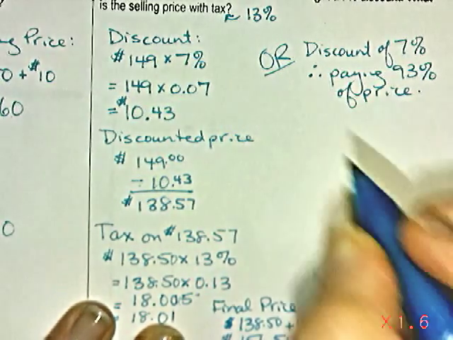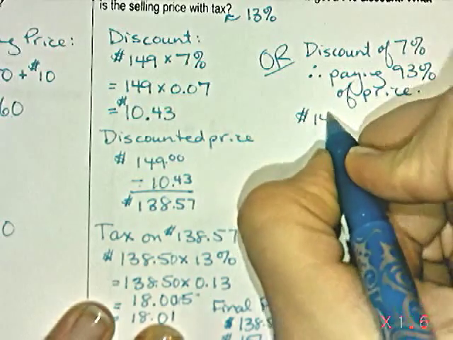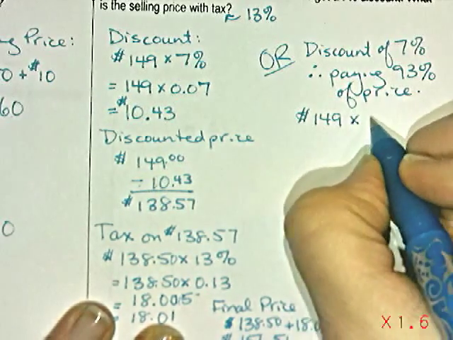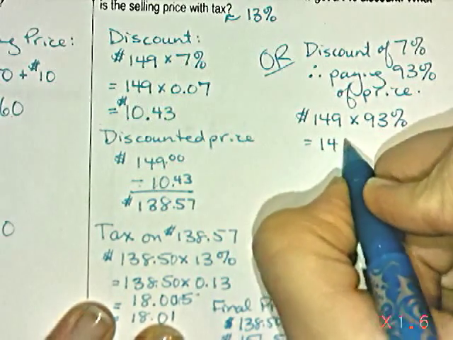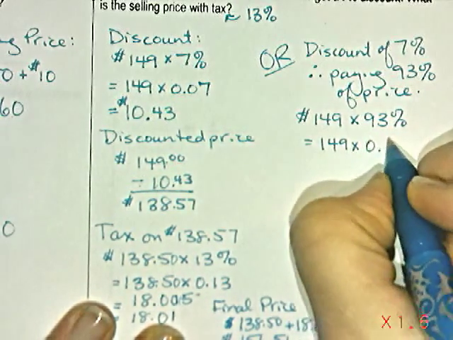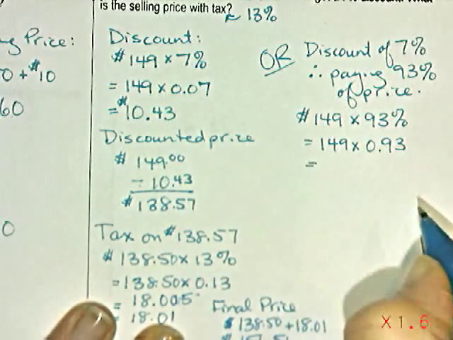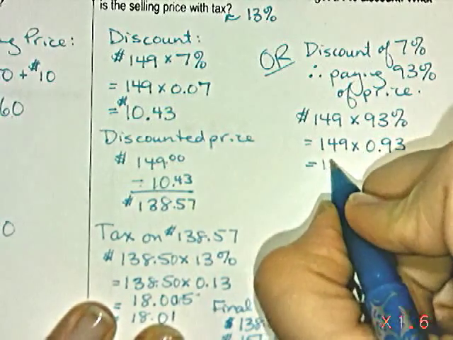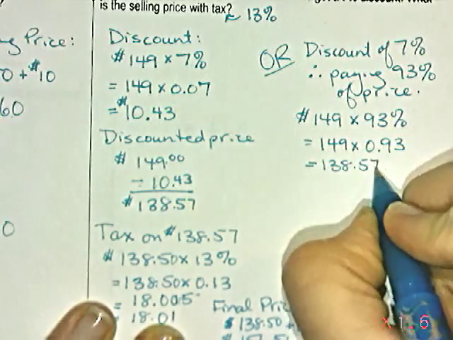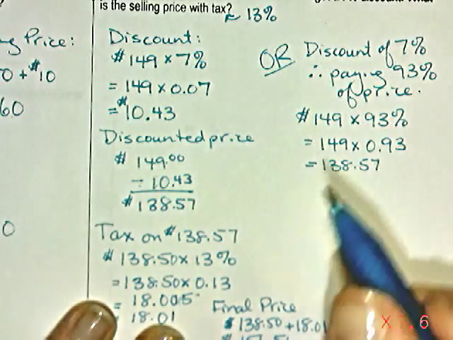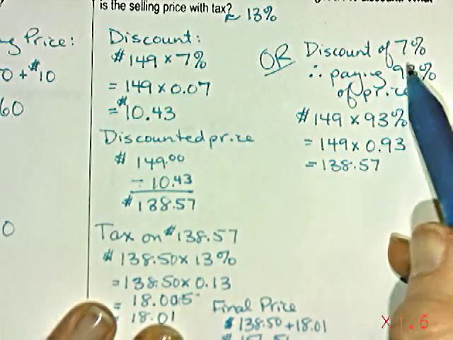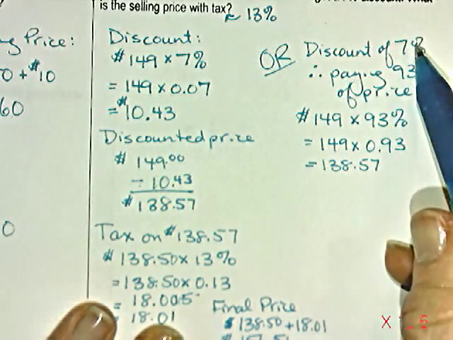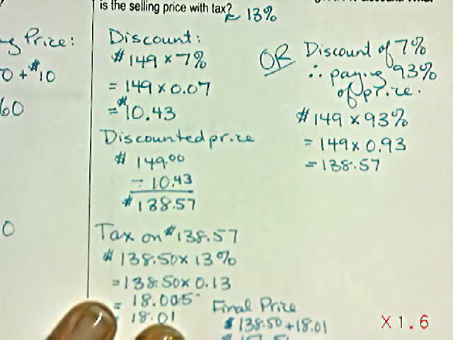And so if I take my $149 and multiply by 93% of that price, or $149 times 0.93, I can get to that $138.57 right away. Instead of finding the discount and subtracting it, I can figure out the percentage that I'm actually paying rather than figuring out the discount that I get off.